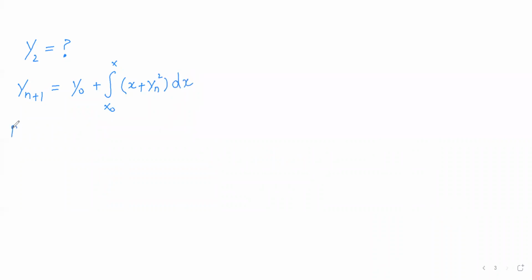Put n equal to 1. It will be y2 is equal to y naught, which is 0, plus the integral from x naught equal to 0 to x of x plus y1 squared dx.